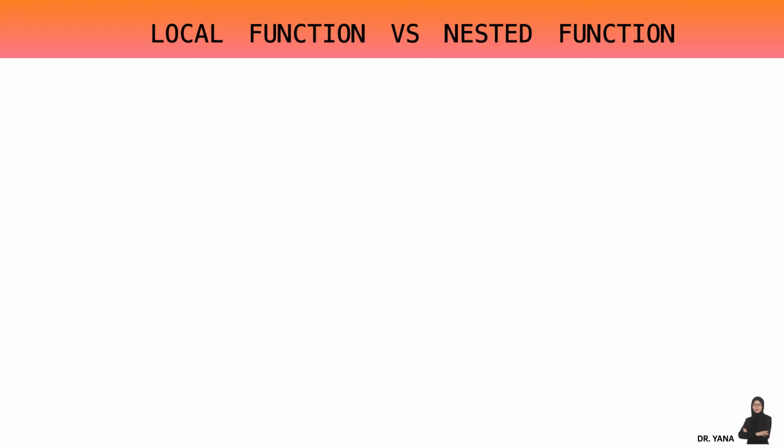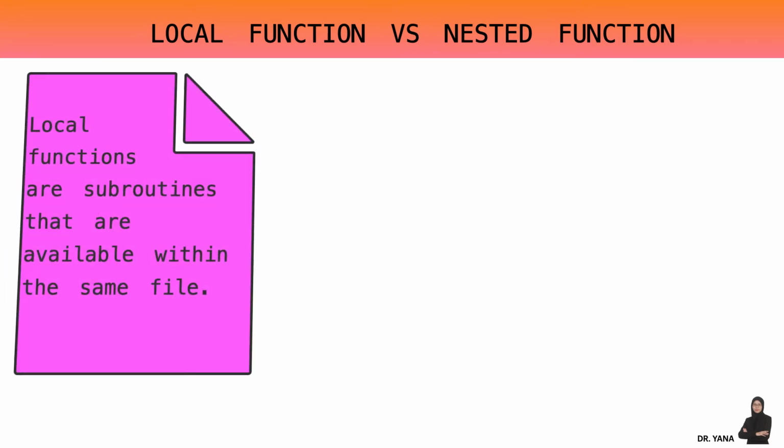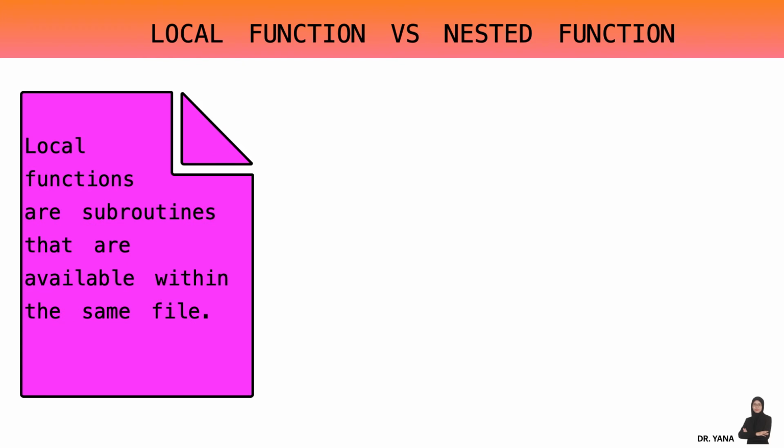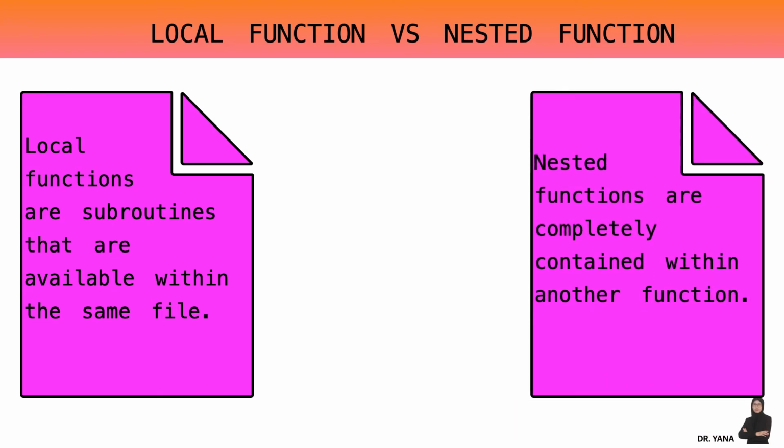So next, I'm going to explain the difference between local function and nested function. The local functions are subroutines that are available within the same file, while the nested functions are completely contained within another function. So this nested function will have the host function or the parent function.